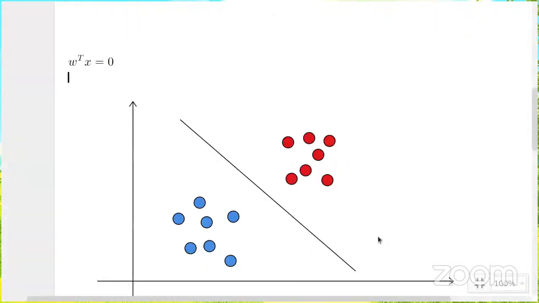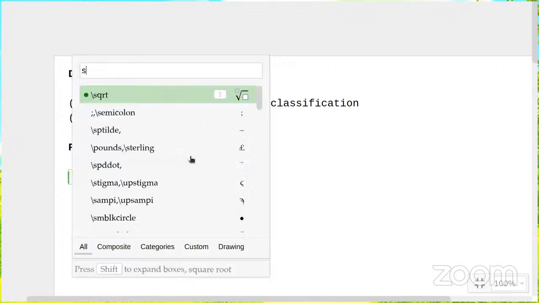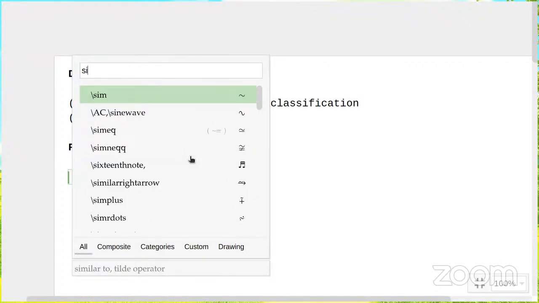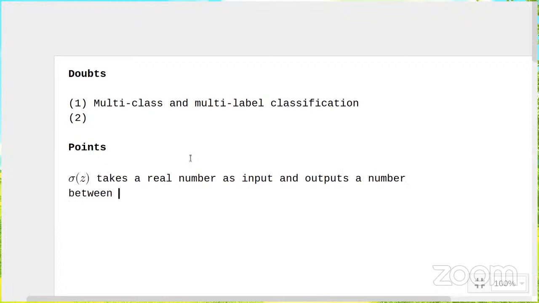Okay, so I'll just, for added emphasis, write this down so that we don't forget. This sigma of z takes a real number as input and outputs a number between 0 and 1.